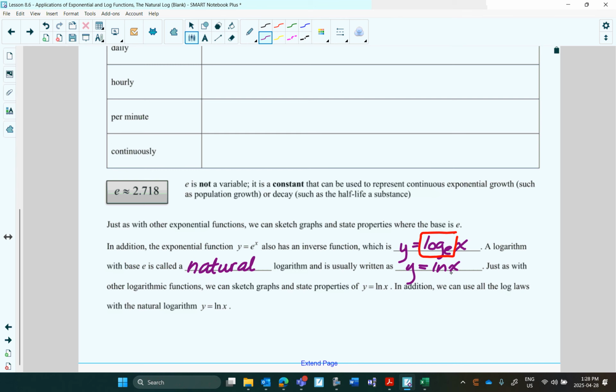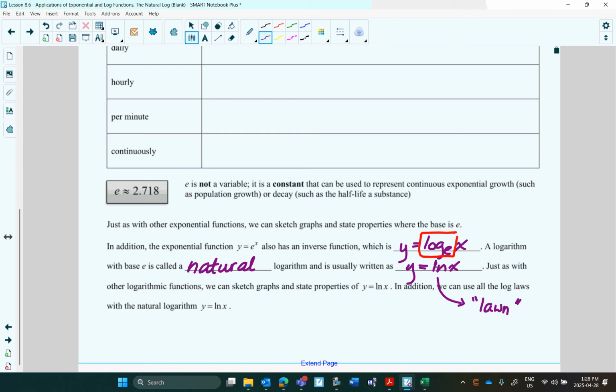Usually we pronounce this as "ln". So an ln is just a special type of logarithm, just like when there's no base, that's a special type. It's base 10, and we call it a common logarithm.